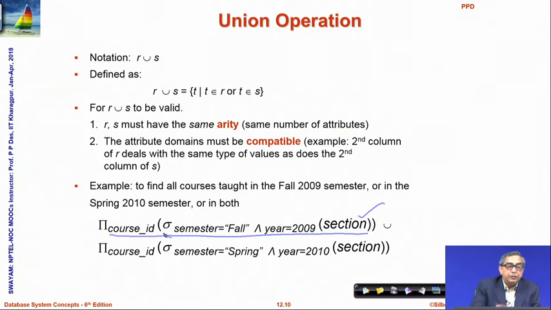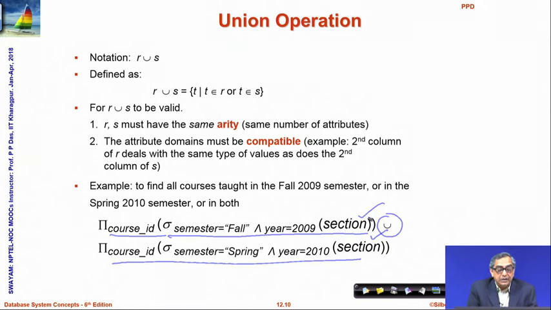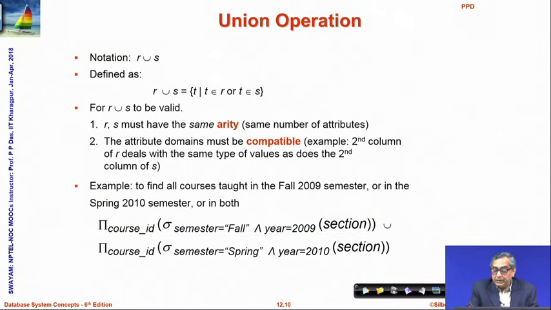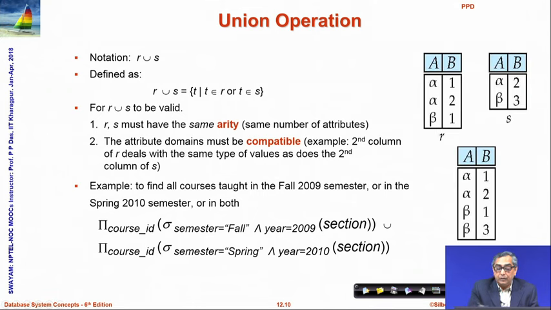We do a projection to get the IDs of those courses only, and the second row tells you the courses that are taught in the spring 2010 semester, and we do a union to get courses that are taught either in fall 2009 semester or in spring 2010 semester or both. This is how the union is performed, and this is the earlier example repeated here.